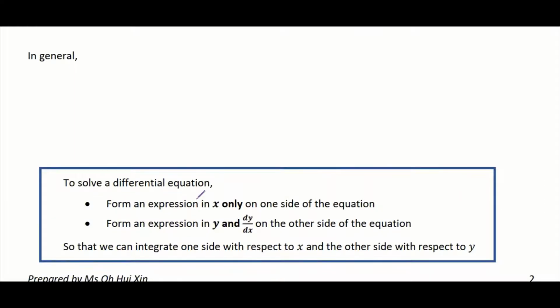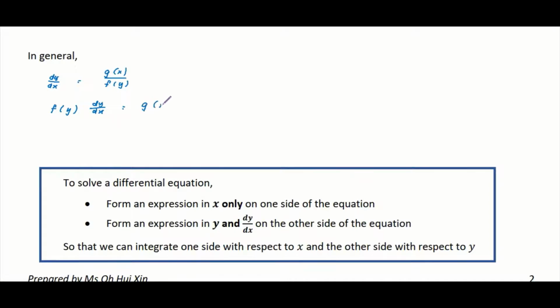Okay, so in general, what happens is we always need to arrange it. So if I have something that is dy dx equal to g of x over f of y, then what I will try to do is put the part in terms of y together with my dy dx.